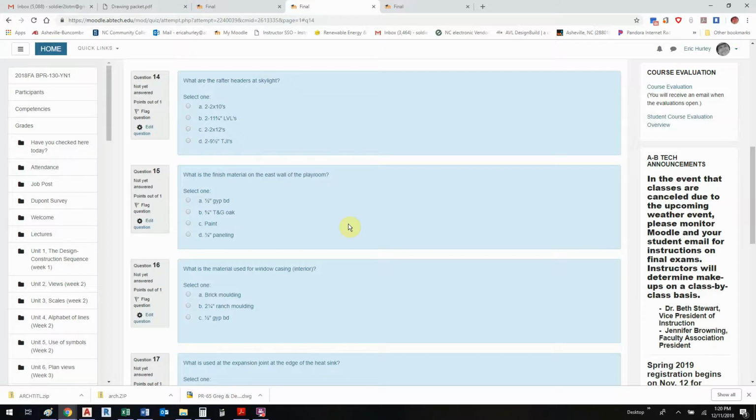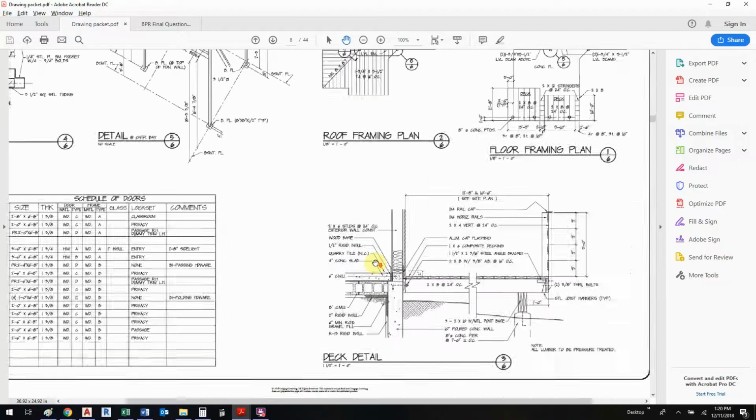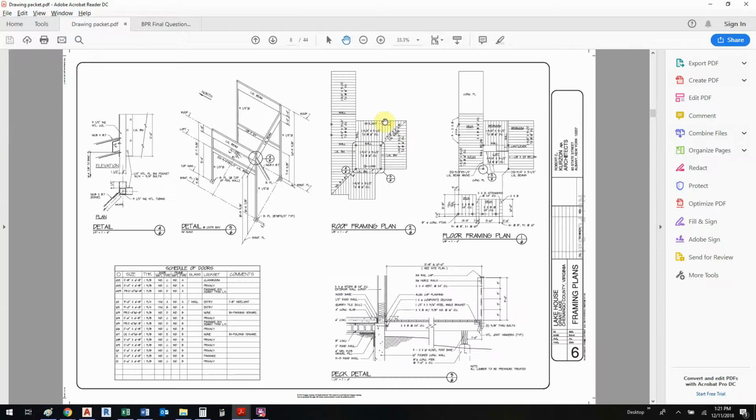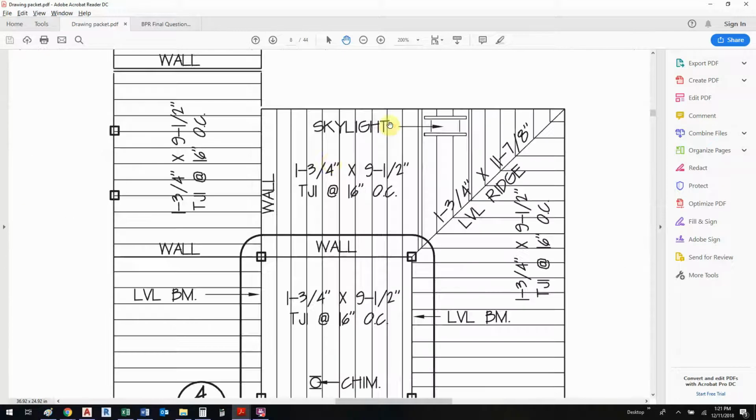Number 14. What are the rafter headers at the Skylight? We go over to the Skylight, and we know that the roof here is 1 3/4 by 9.5 TJIs at 16 inches on center.